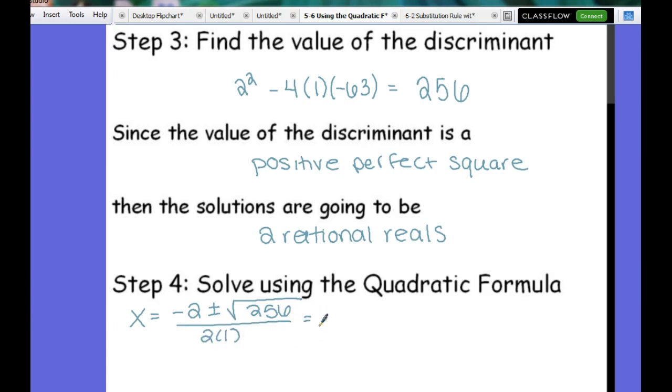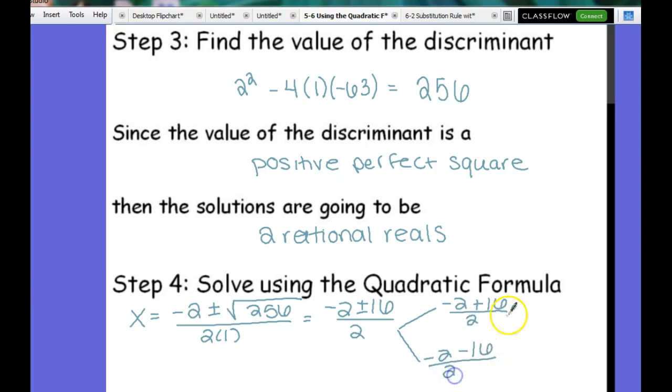So the square root of 256 is 16. It's negative 2 plus or minus 16 all over 2. This is the case where I have to split my workup because I'm going to split the plus or minus. So I'm going to make it negative 2 plus 16 and negative 2 minus 16.